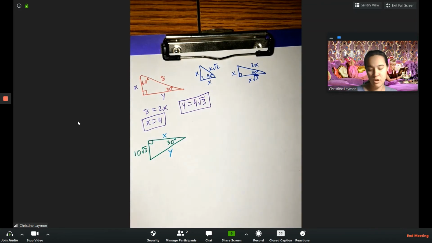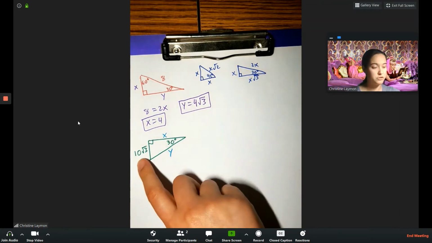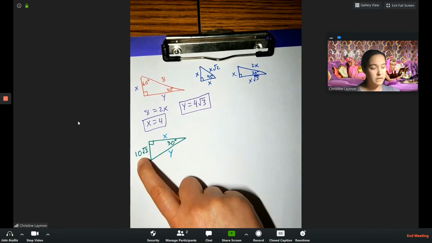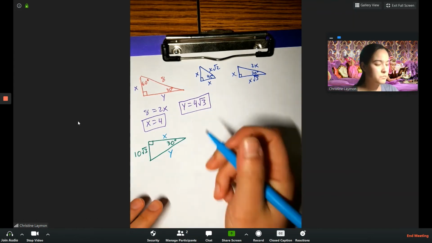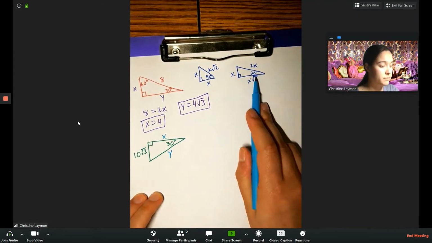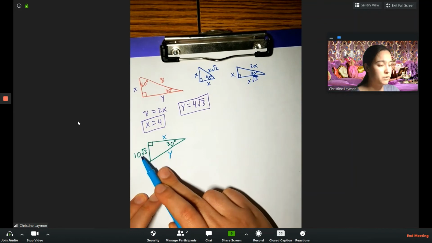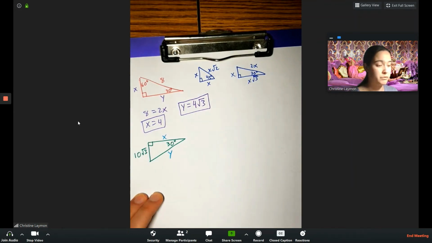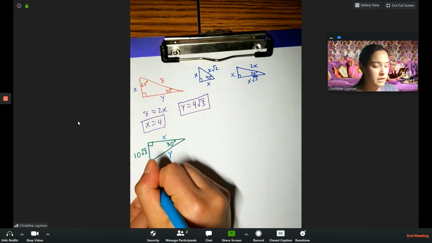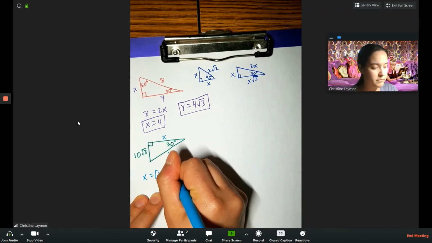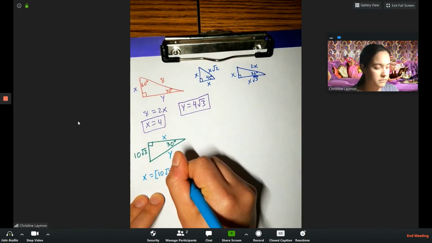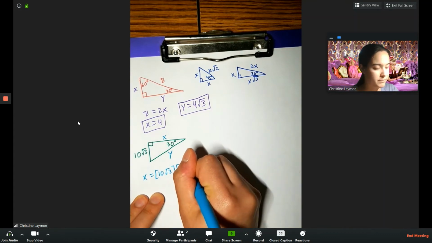Okay. So what we have here, again, this is the shortest side. In order to find the medium side, I'm going to multiply it by root 3. So again, to find the medium, right here, it's that shortest side times root 3. So in our case, x equals 10 root 3 times root 3.